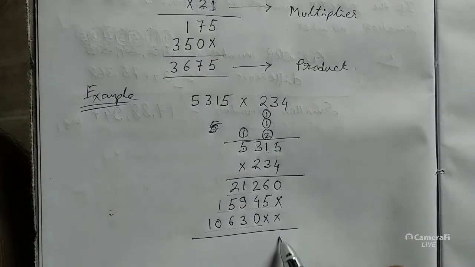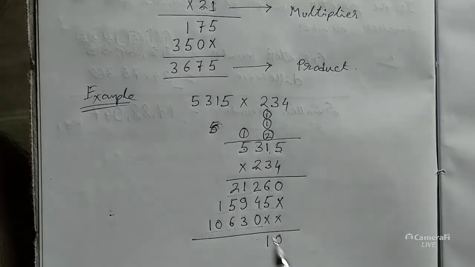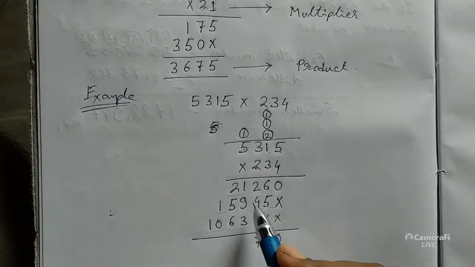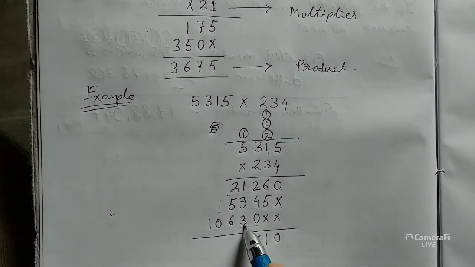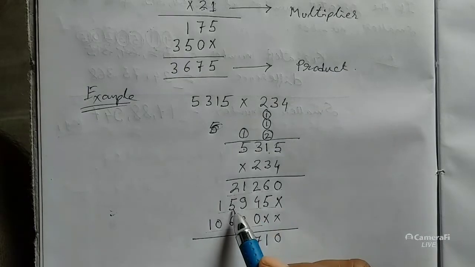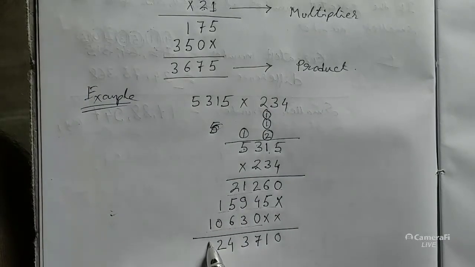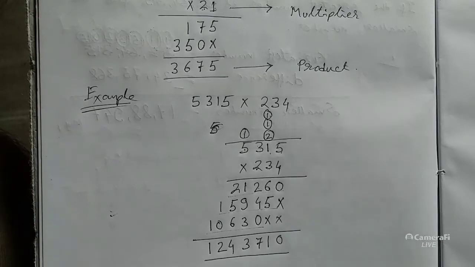Now add: 0, 6 plus 5, 11, 1, 1 carry, 4 plus 2, 6 plus 1 carried, 7, 1 plus 9, 10, 10 plus 3, 13, 3, 1 carry, 2 plus 5, 7, 7 plus 6, 13 plus 1 carry, 14, 4, 1 carry, 1 plus 1, 2, 1. So this becomes the result, this is the product. So here we have multiplied a 4-digit number by a 3-digit multiplier.